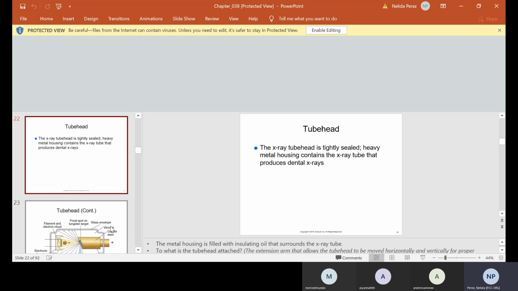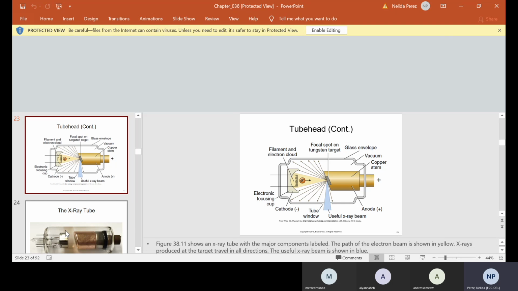All right. Your X-ray tube head is tightly sealed. A heavy metal housing contains the X-ray tube that produces dental X-rays. Inside your tube head, these are all the things that are inside: a filament, an electron cloud, a focal spot on the tungsten target, a glass envelope, a vacuum, a copper stem, an anode side like a battery, the positive, and a cathode side, which is the negative.